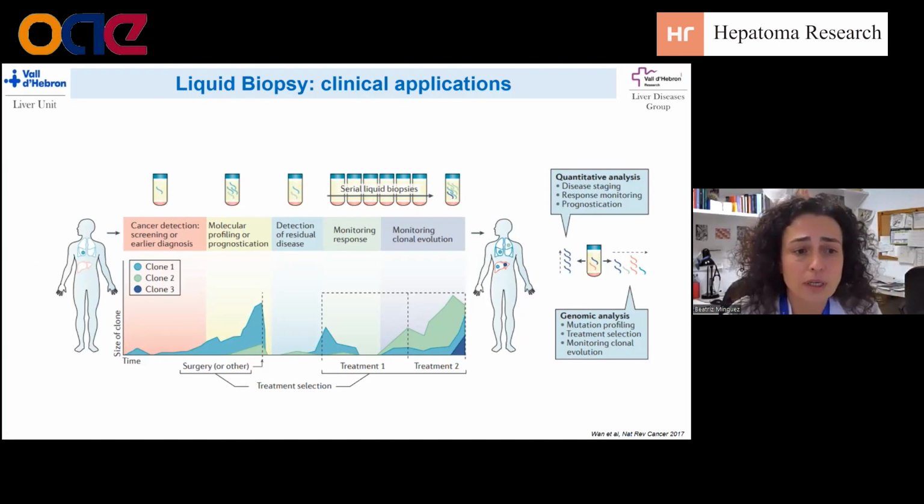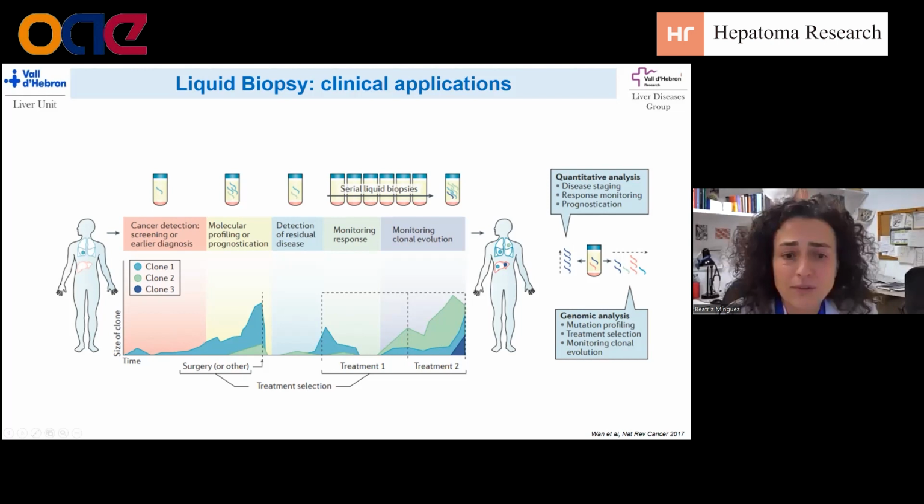And also we can monitor in a non-invasive manner along the different stages of the disease. And of course, at advanced stage, it could help us to identify patients that are going to respond or not to different treatments.